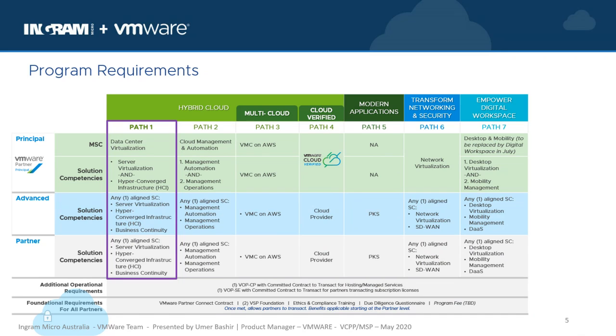We also have VOP-SE, but that's not required for the cloud provider program. Generally speaking, VOP-SE stands for VMware Operations Professional Subscription Enabled, and that offers you the capability of selling subscription-based services like Workspace ONE and Horizon Cloud and all of that sort. But the key takeaway for the cloud providers in this case is that you need to have the VOP-CP accreditation with you. Next slide, please.